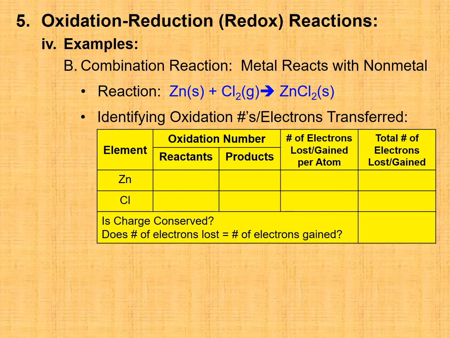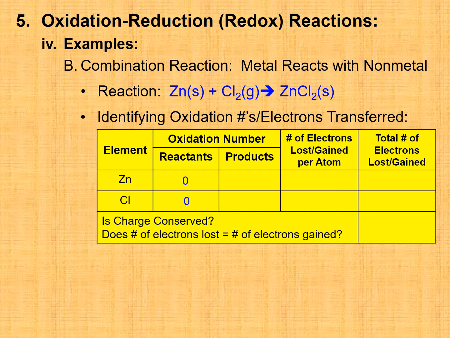Both zinc and chlorine start out in elemental form as reactants, which implies that both zinc atoms and chlorine atoms have an oxidation state of 0. This is the only way that they can be neutral compounds. Remember that all substances are electrically neutral unless they happen to be strictly ions where the charge is given.